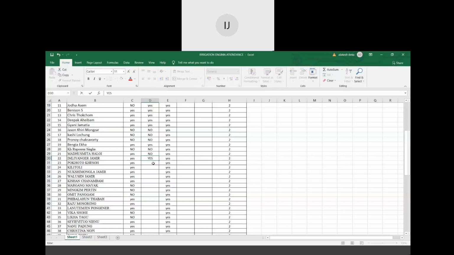Pokhoto, absent. Kilitoli, present, ma'am. Nupsimongla Zamir, present, ma'am. Walushan Zamir, present, ma'am. Kishan Sanambam, present, ma'am. Margang Mayak, absent, I think.